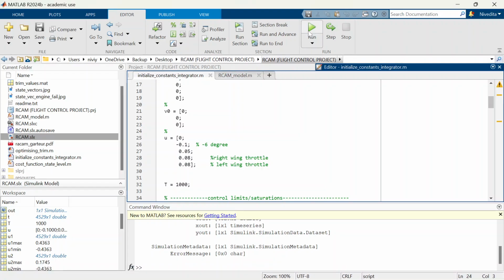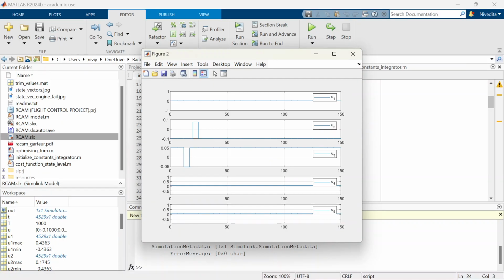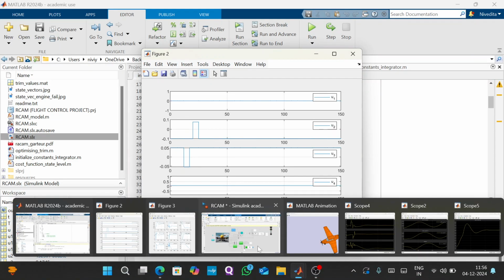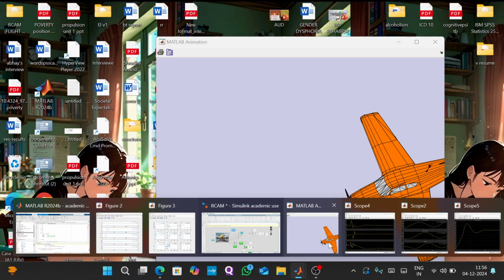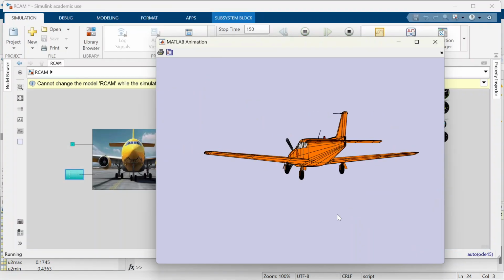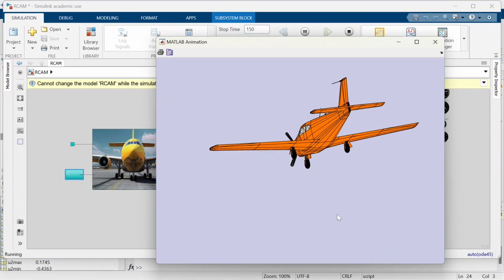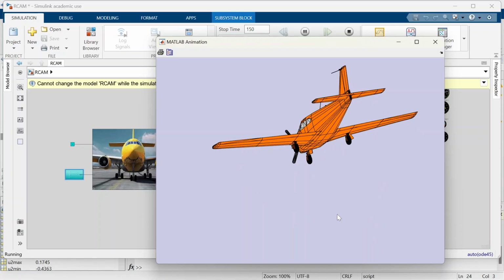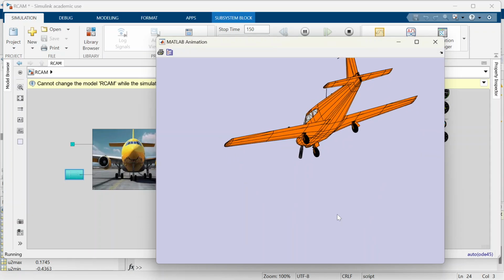So we run this code and we get two graphs as I said, and we run the Simulink. At the 20th second, it performs a 10-degree pitch.